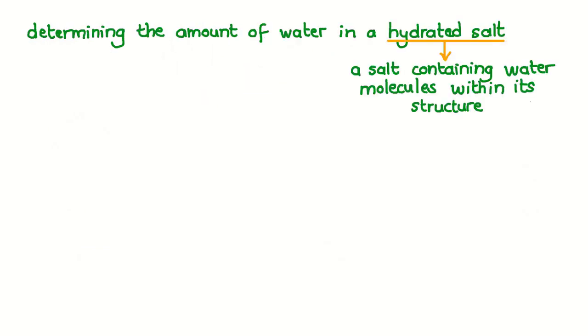When a salt contains water molecules within its structure, we say the salt is a hydrated salt. Water molecules that form part of a salt crystal lattice structure are specifically referred to as water of crystallization, or sometimes water of hydration.